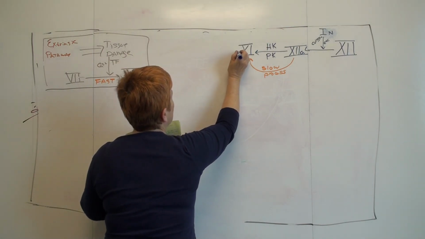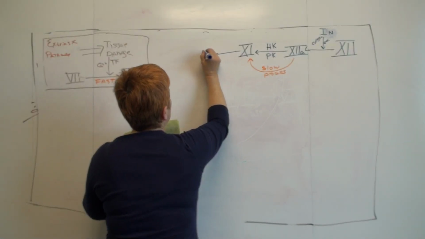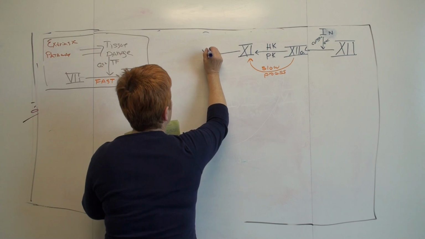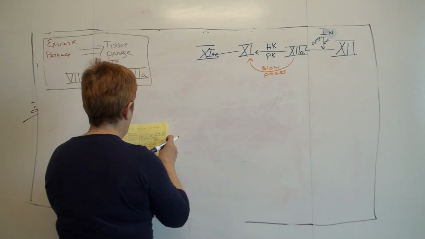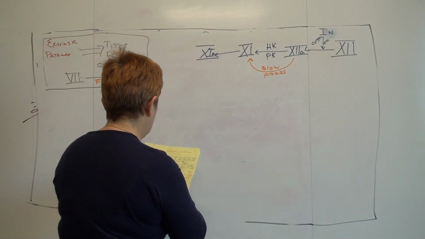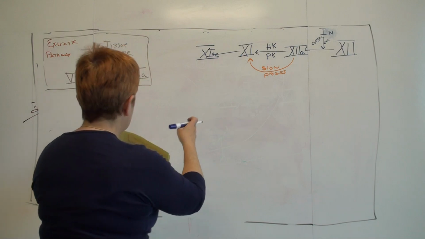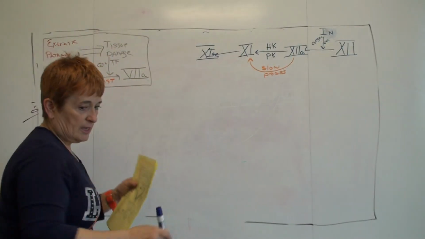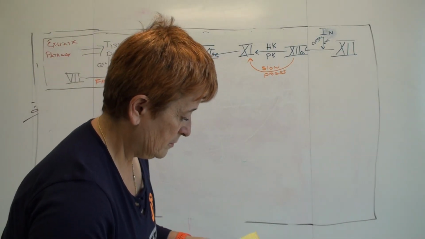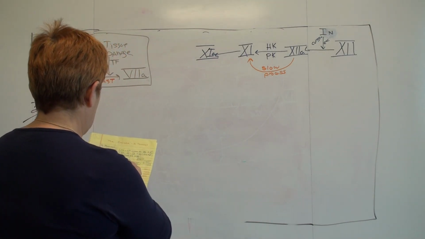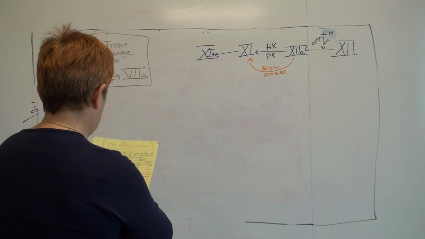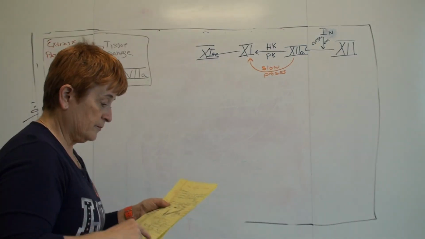Then I have to go from 11 to activate it to 11A. All right, so how do I get to 11A? Well, how I get to 11A, 10, 11, 10, 11A, 10, 11.